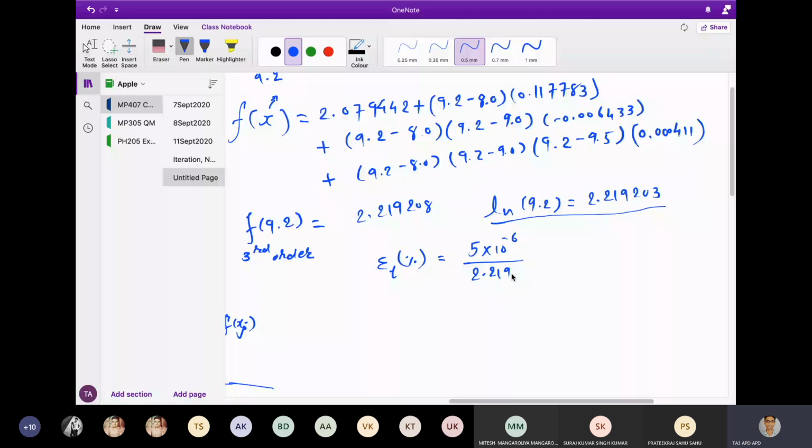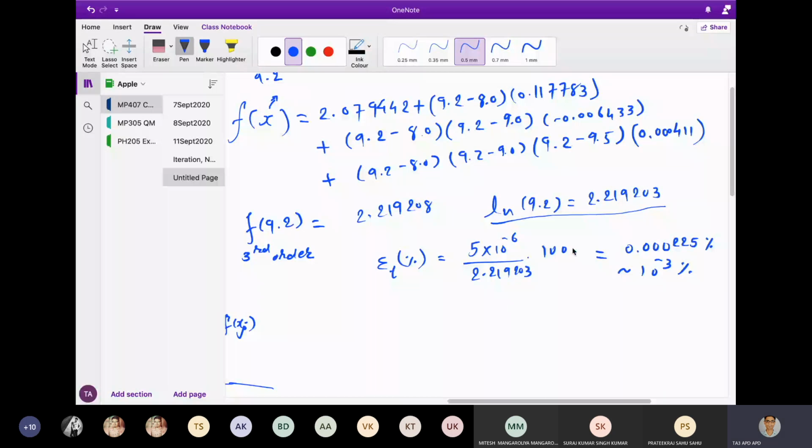So if you calculate this error percentage, this is somewhere close to 0.000225%. That's almost of the order of 10 raised to minus 3 percentage.